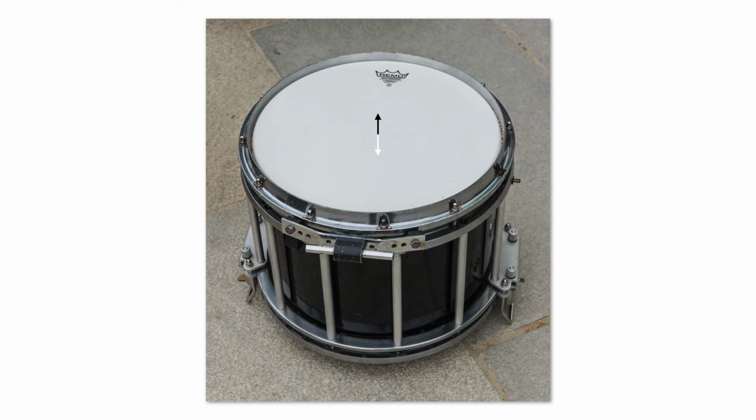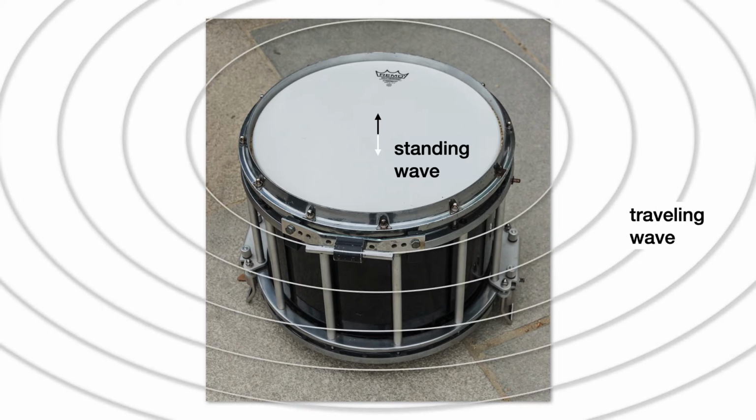The vibration of the drum head is called a standing wave. It changes over time, but it's not spreading out in space. It's confined within a certain area. By contrast, the propagation of sound waves forms what's called a traveling wave, where the wave oscillates in time and also is moving through space. For our purposes in discussing atoms, we're going to be interested in standing type waves.